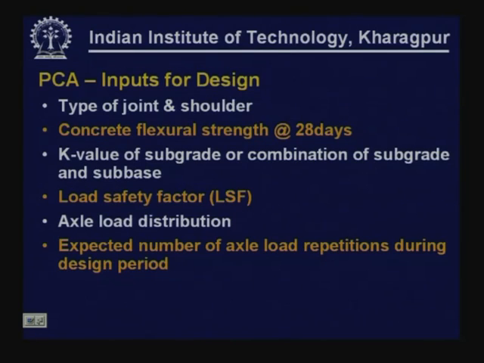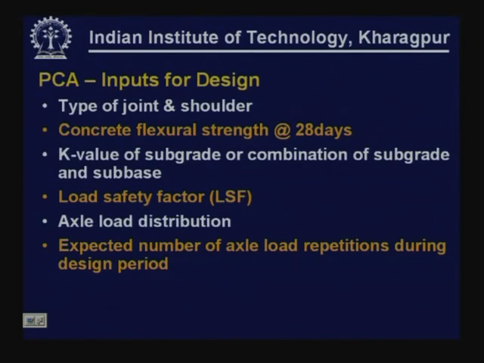The other inputs that are required for design are, what is the type of joints that is provided, what is the type of shoulder that is there, concrete shoulder, unpaved, tied concrete shoulder. So, PCA gives design provisions for different types of shoulders.